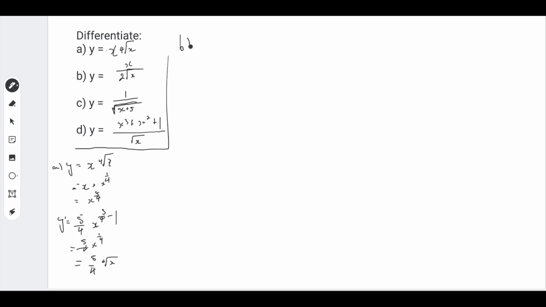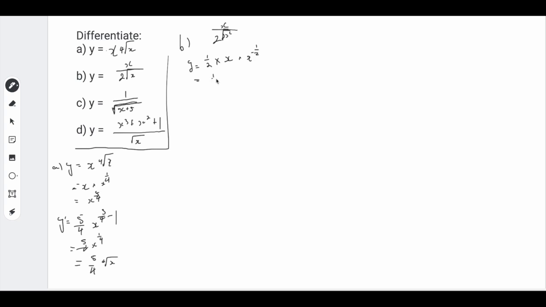Part B, we've got x over 2 root x. So let's bring that root x from the bottom to the top. So we get y equals, and actually let's separate that half as well. It's getting annoying, right? So we get a half times x times x to the power of minus half.